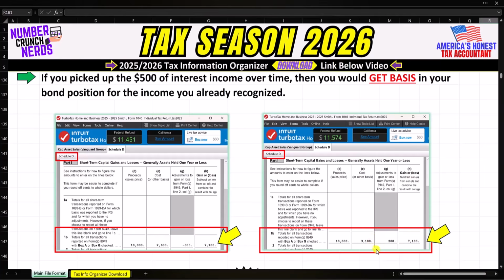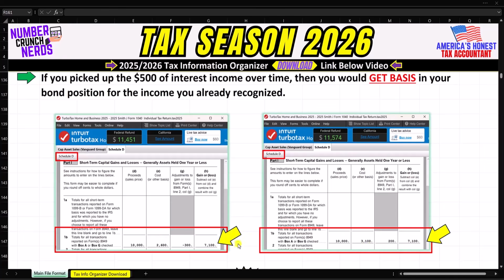Let's assume for this example that you picked up the full $500 of interest income over a certain number of previous years, i.e. not this year. So therefore you get basis of $500, and you can see that right here. Originally the basis was $2,600. But we got $500 in basis for the income that we already recognized over time, and that's why the basis in the election example is $500 higher at $3,100.